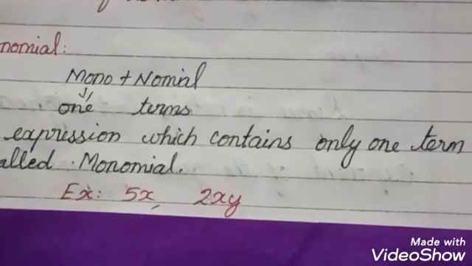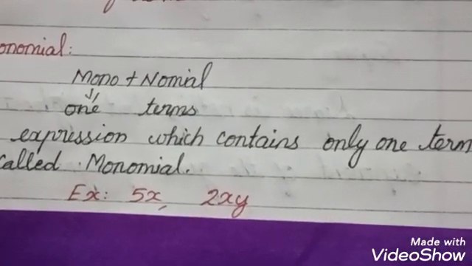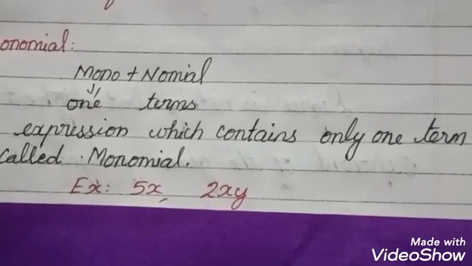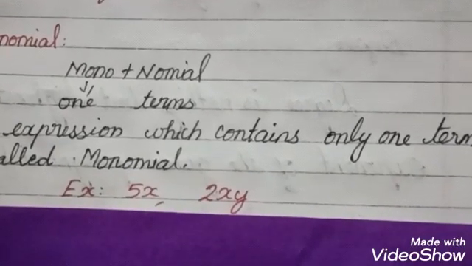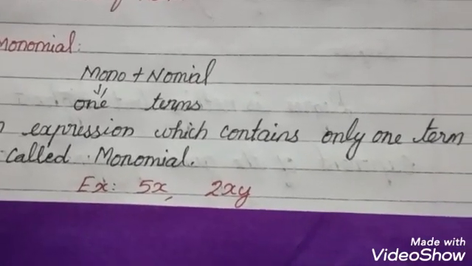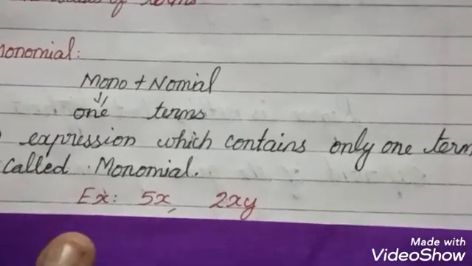First we move on to the basis of terms. The first one is monomial. Monomial can be split as mono plus nomial. In the same way, polynomial is split as poly plus nomial. Nomial means terms, and mono means one. So an expression which contains only one term is called a monomial.